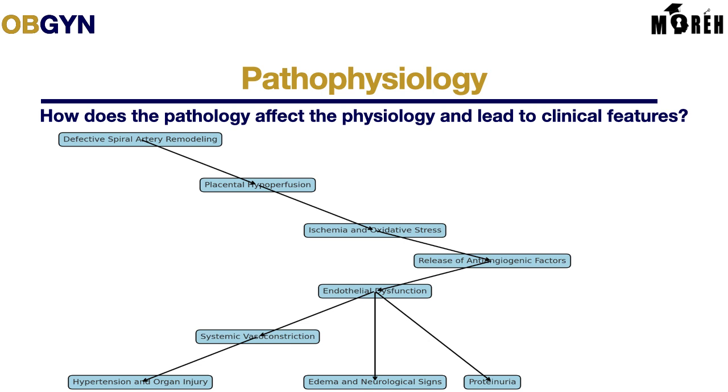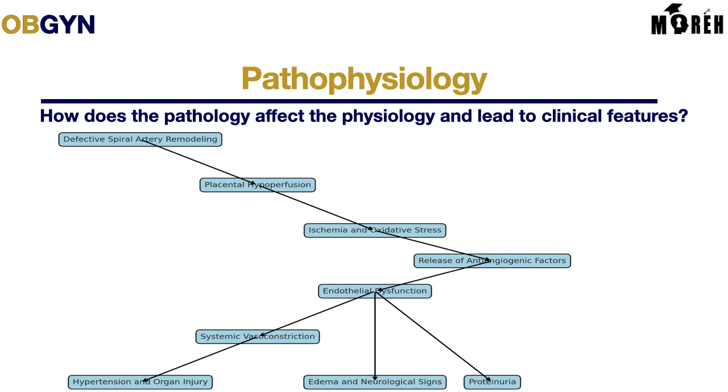It triggers the release of certain harmful substances from the placenta into the maternal circulation. Amongst the things that are released into the maternal circulation, there is a release of anti-angiogenic factors. For example, there is what is known as soluble FMS-like tyrosine kinase 1. There's also soluble endoglin.